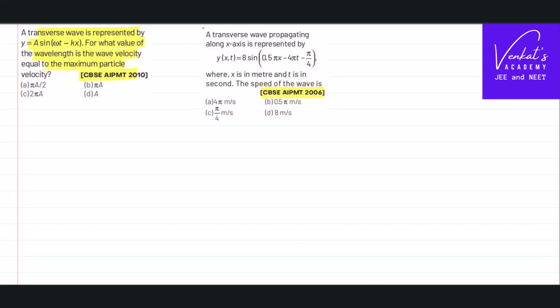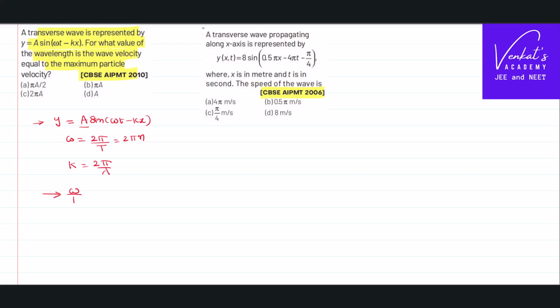First of all, I shall write the wave velocity and the maximum particle velocity. Given the displacement y equals a sin(omega t minus kx), where a is the amplitude, omega is the rate of change of angular displacement, that is 2 pi by T, that is 2 pi n, where n is the frequency. k is a constant called the phase constant, whose value is 2 pi by lambda.